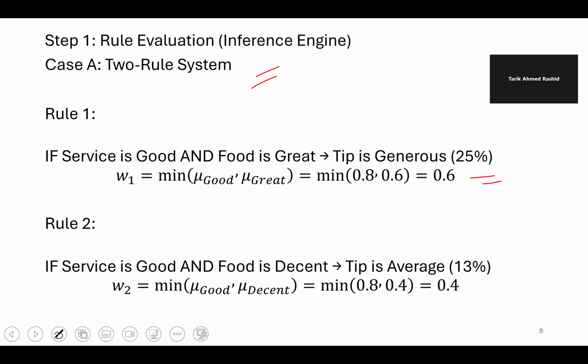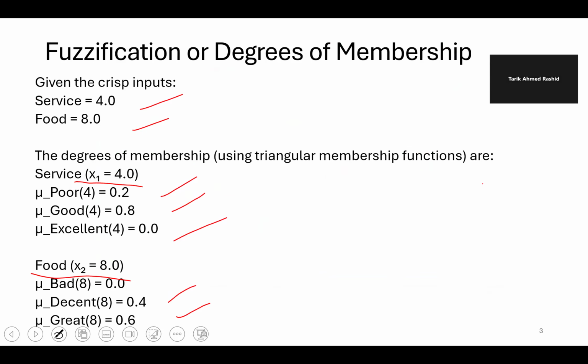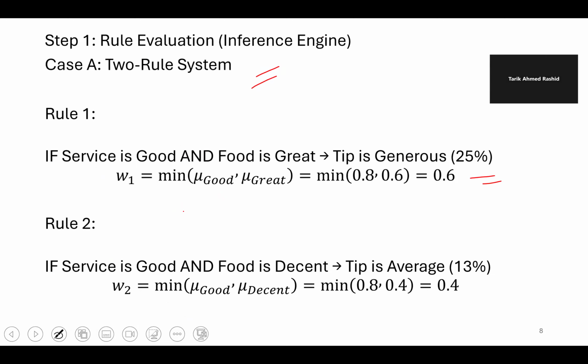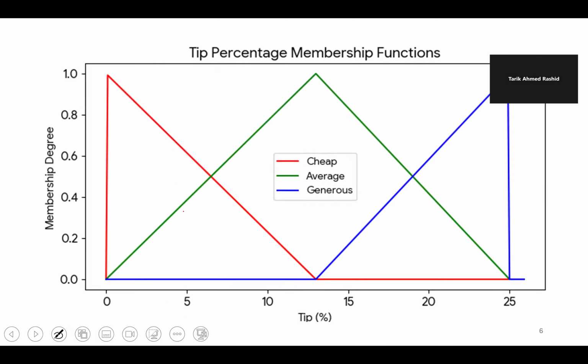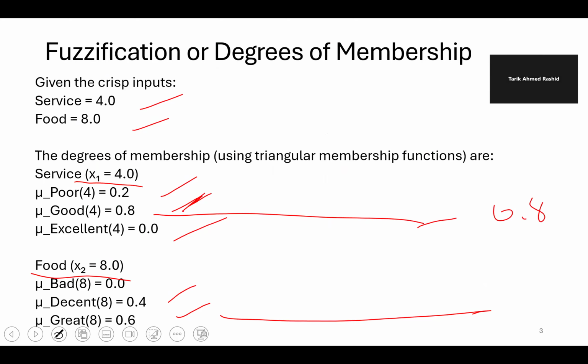So we have 0.8 for service good and 0.6 for food great.